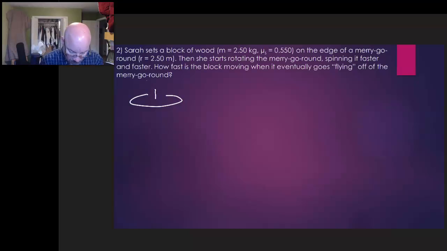Now we don't know how fast it's rotating. It's out here on the edge, and we know that distance right there is 2.5 meters. We know that the mass of the block is 2.5 kilograms, and the coefficient of static friction is 0.55.